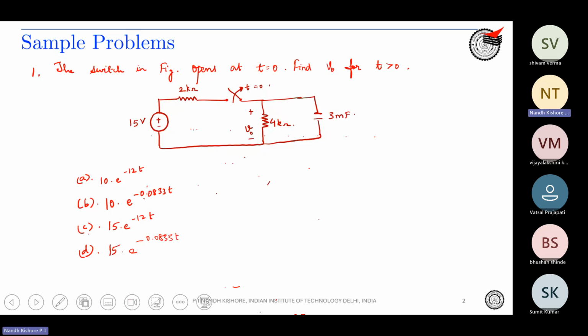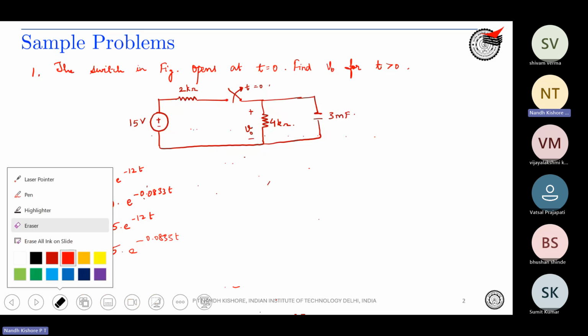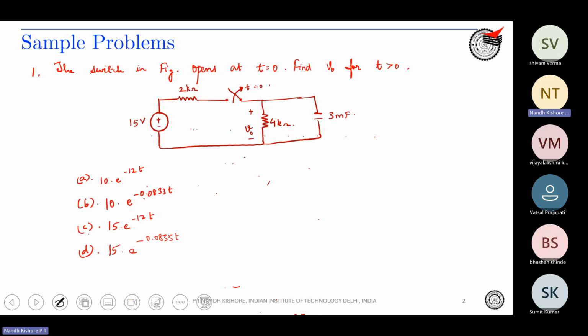Okay. So without solving, can anyone tell the answer? Can you try without taking a pen, just to find out the answer? Can anyone try?